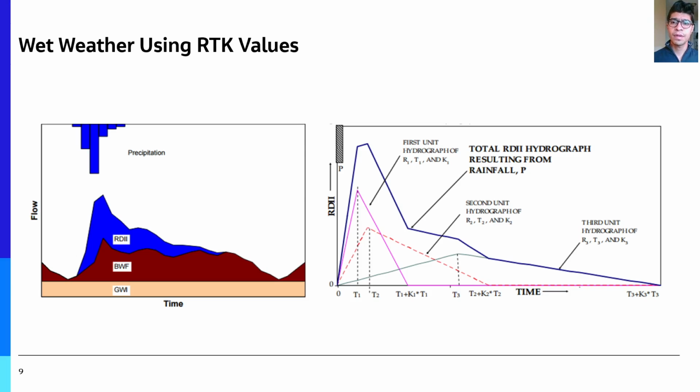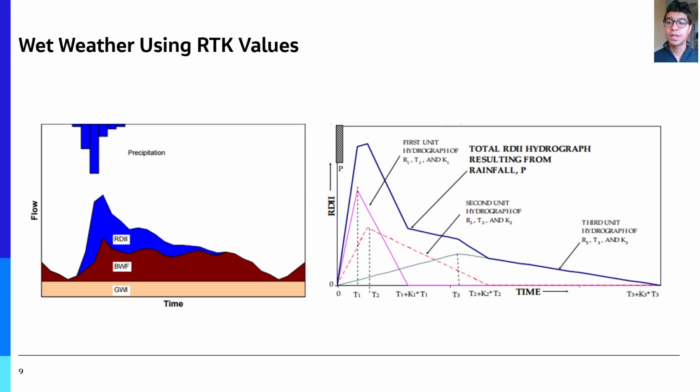Now, the other one that is shown in brownish red, BWF, is basically the flow that is the result of human activities, which is patterned throughout the day with a diurnal pattern. That is produced by the residents in the residential area. So that is your actual sanitary flow.